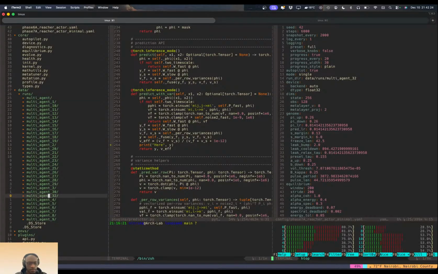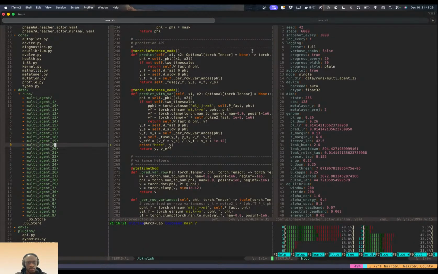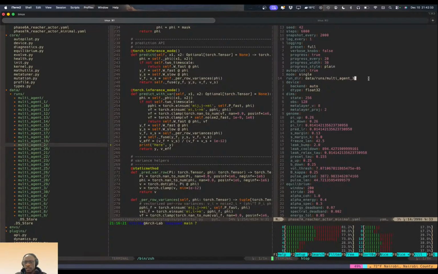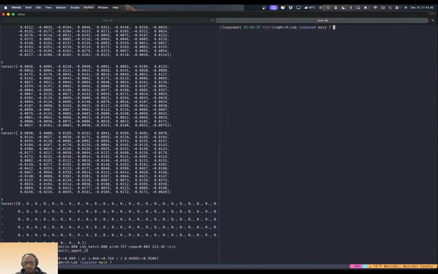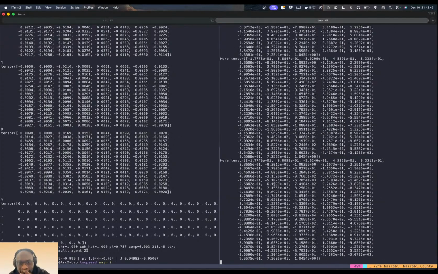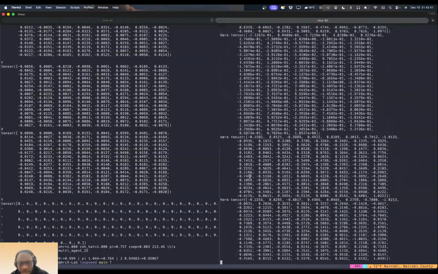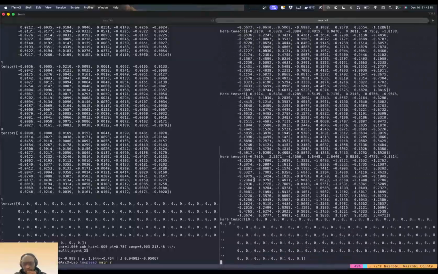Skip 31, I'll make this 31 instead. All right, we have started a new run. We just want to see.